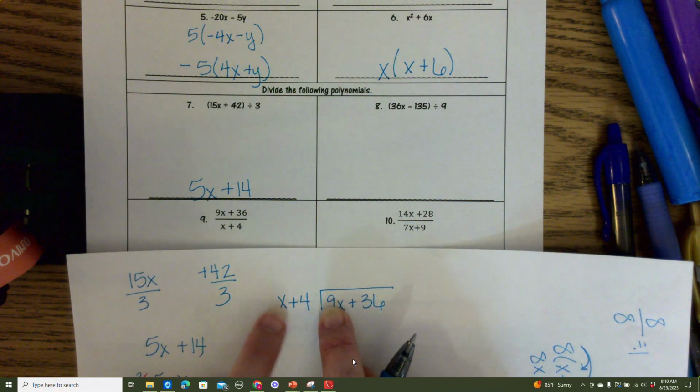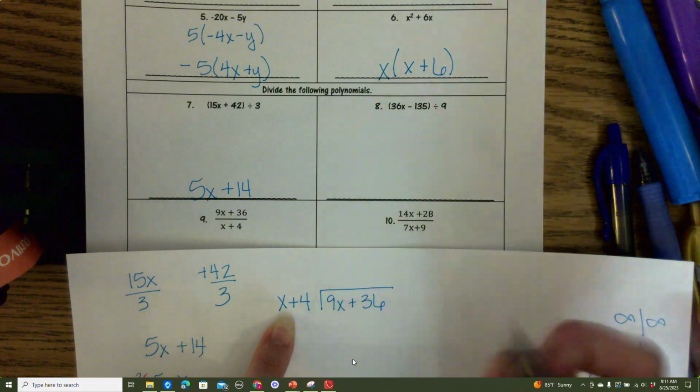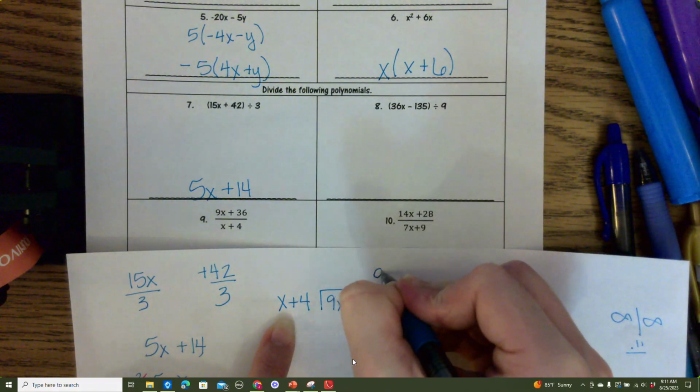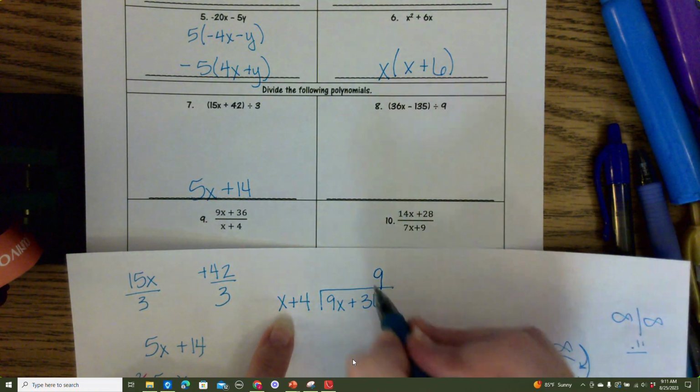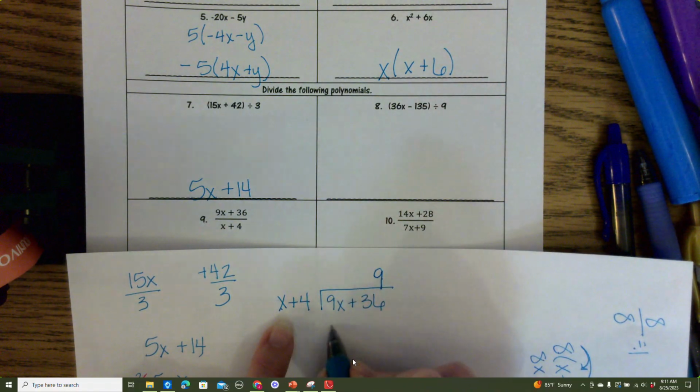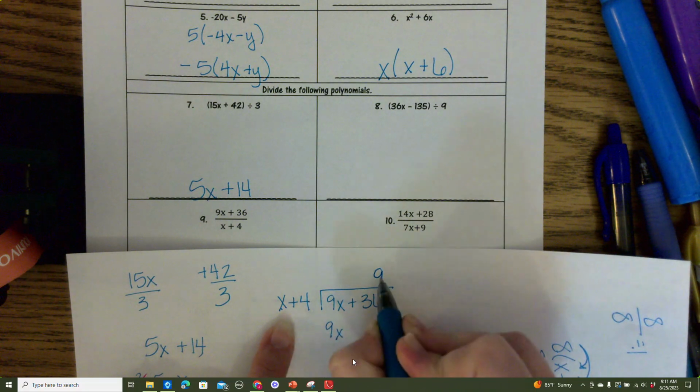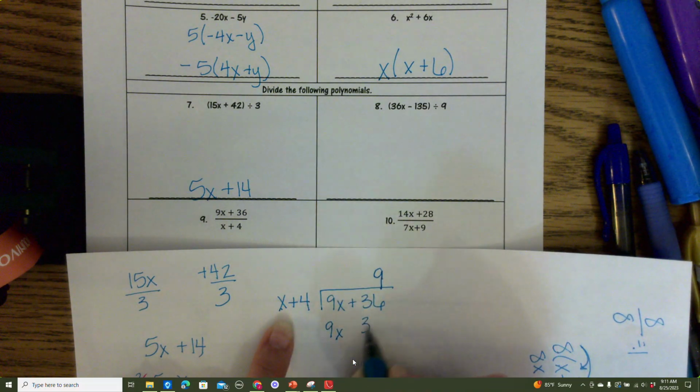What would I have to multiply x by to get a 9x? By a 9. So that 9 actually goes here. And just like regular division, 9 times x is 9x. 9 times 4 is 36.